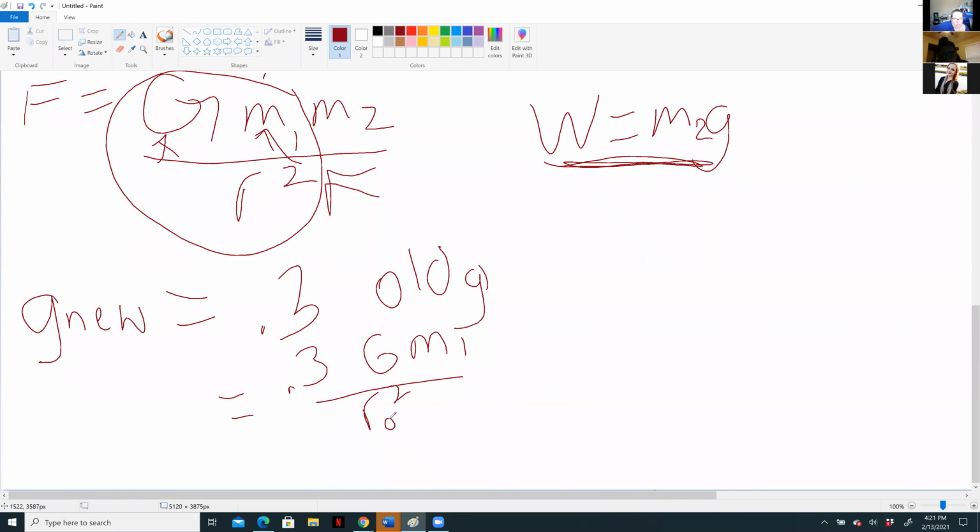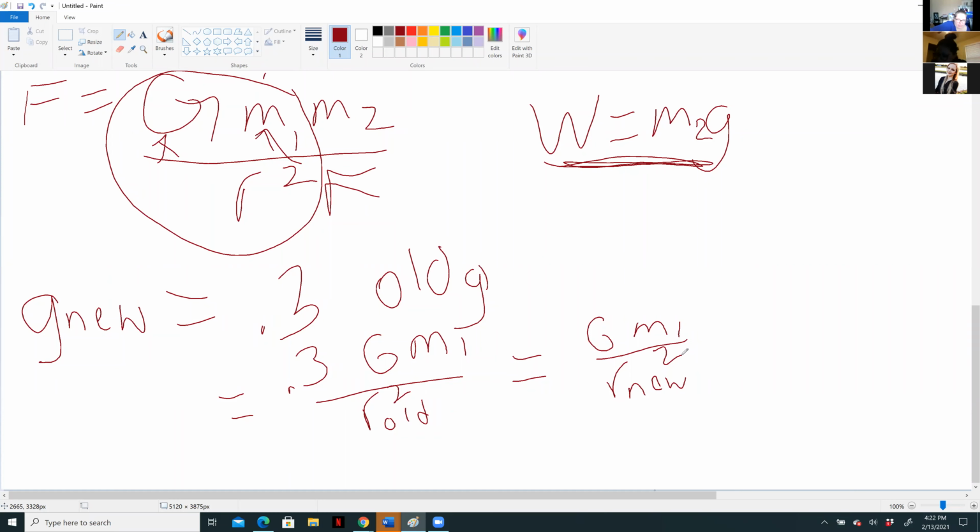So 0.3 times R old squared is G times M1 over R new squared. And we're just calculating R new.